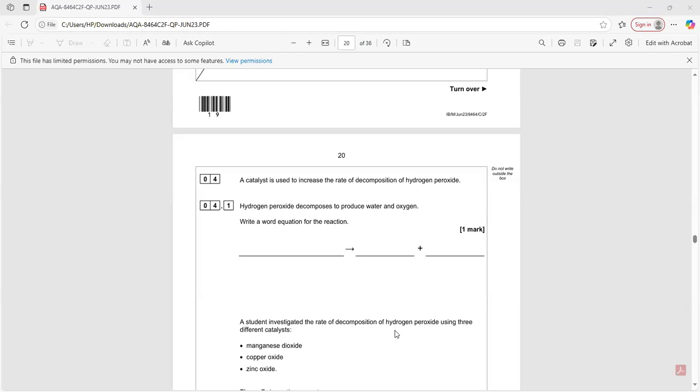Now, I don't think I've seen anywhere they asked you for chemical symbols, and I don't think that's going to happen. But if it does, this is what would play out instead of word equation.